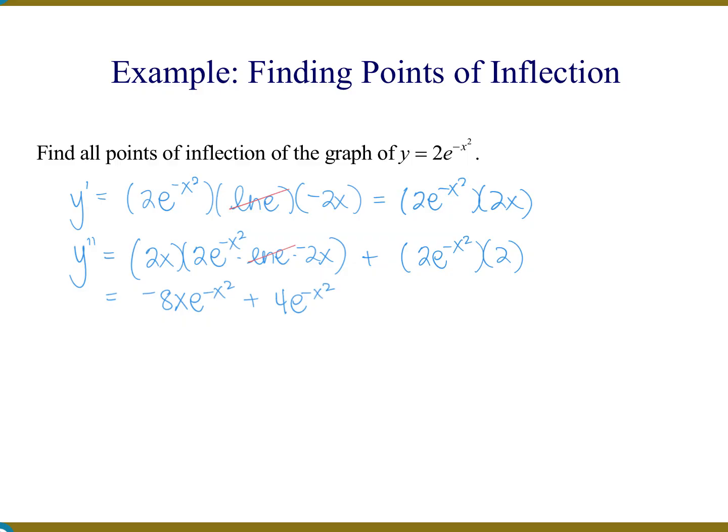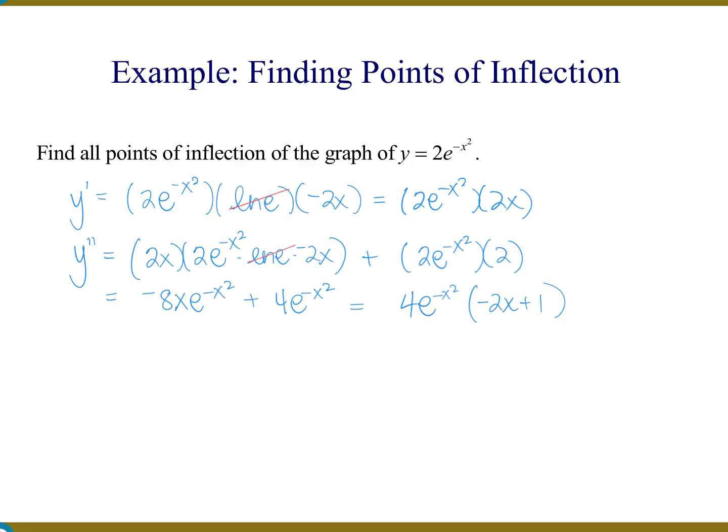You should always write this in factored form. If there's something in common that you can pull out, you should. I noticed that there is an e to the negative x squared that's common to both of those terms. But so is the coefficient of 4. So that would leave me with negative 2x plus 1.